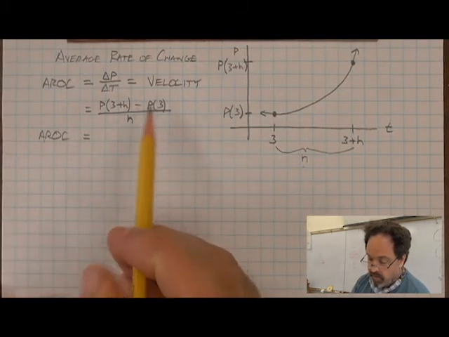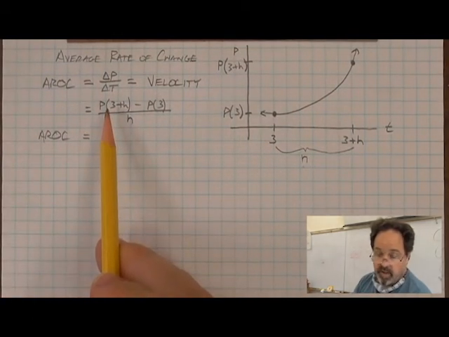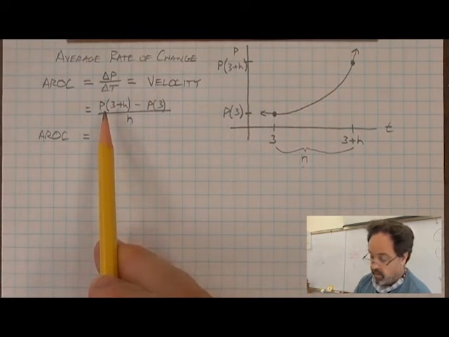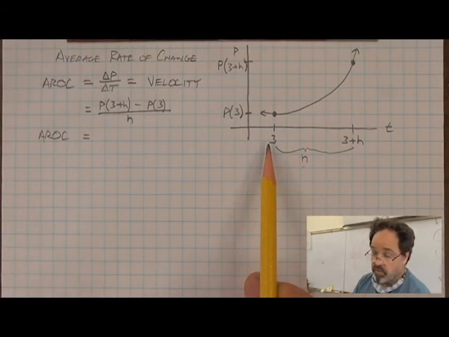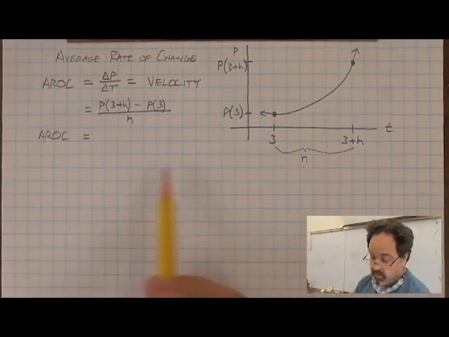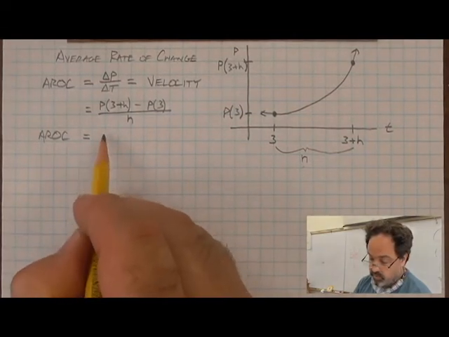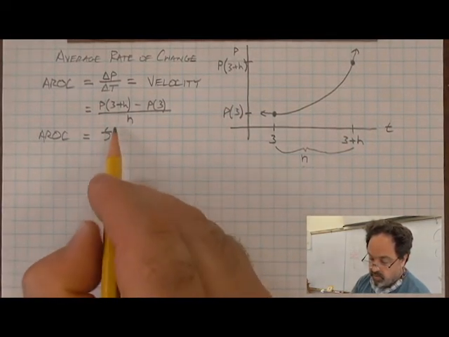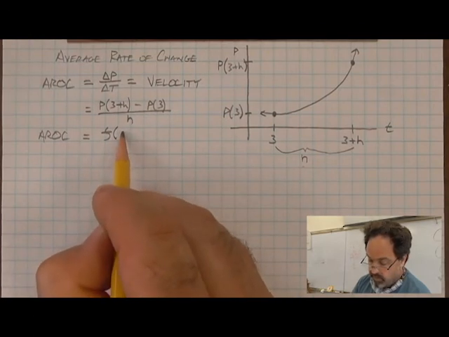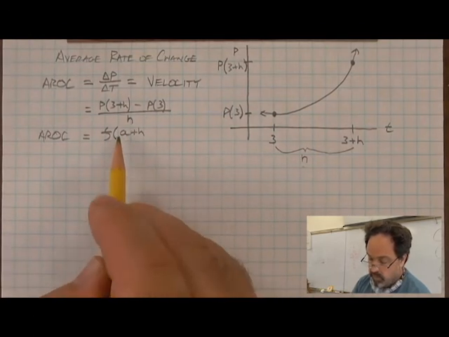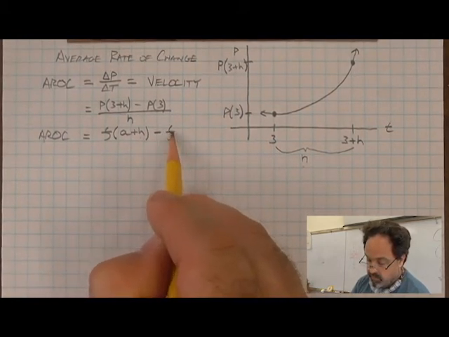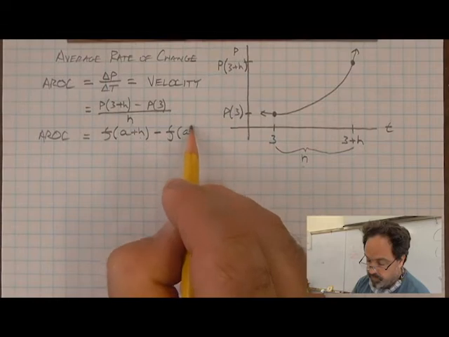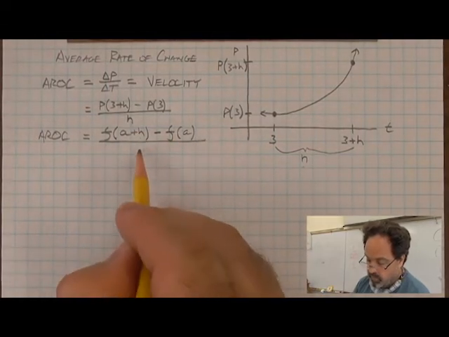If instead of a position function, we wanted to think of any generic function f, and if instead of a very specific initial value of 3, we wanted to think more generally like a starting value or initial value of a, then the AROC expression could be represented as the function evaluated at a plus h, that's the initial plus the change, minus the function evaluated at the initial point, all over h.